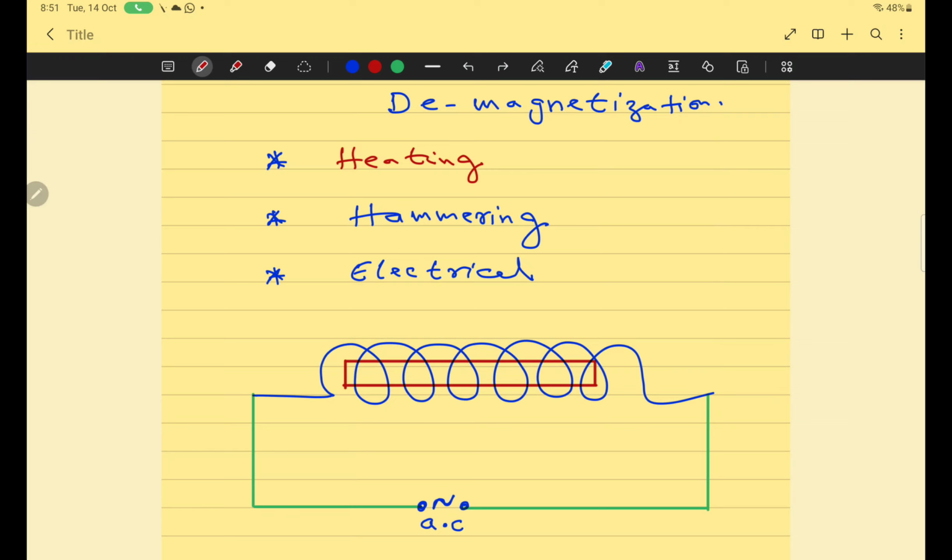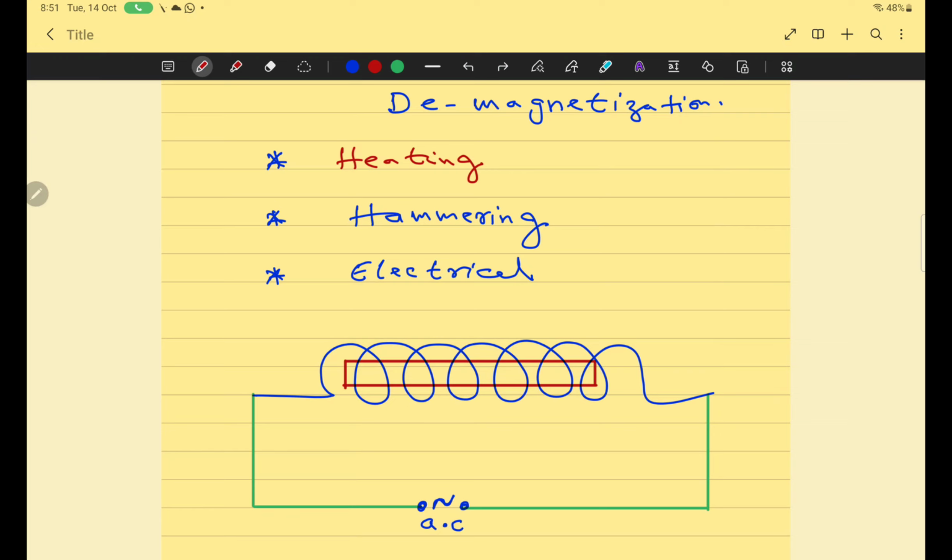If you place this permanent magnet into the core of the solenoid for a few minutes and then either gradually reduce the current or withdraw the steel rod slowly from the core of the solenoid, then the steel rod will be demagnetized. Number one, either decrease the alternating current gradually and then switch off.